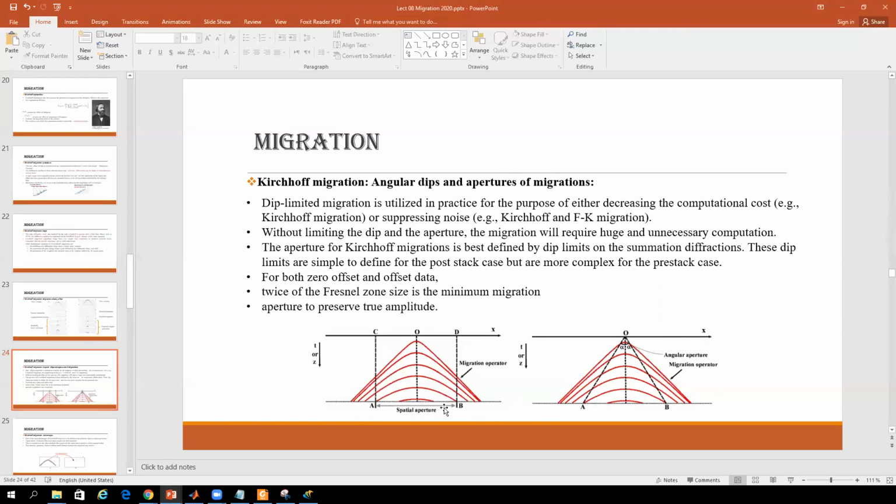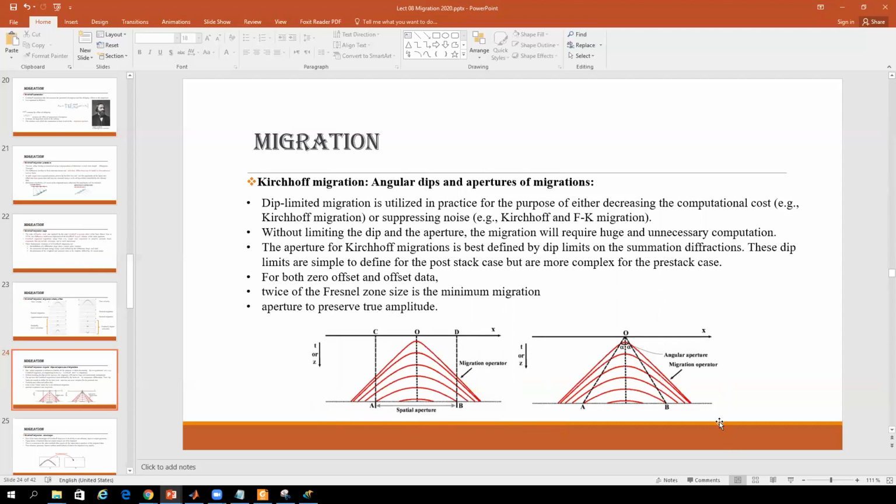In this spatial aperture or migration window, usually we try to limit how much we will do the diffraction summation. So we cannot go to infinity, because theoretically these diffraction curves go to infinity.